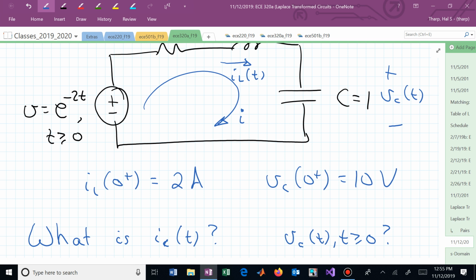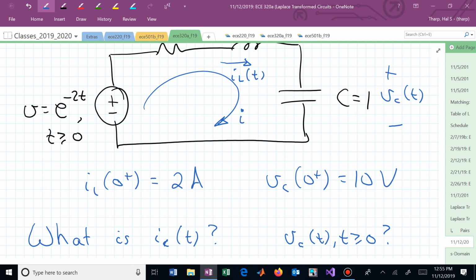Referring to the final exam, that's a big no-no. So don't have i of t's and V of s's floating around in the same equation. You either need to be in the time domain or the frequency domain. Either be in the kitchen or the living room. You need to figure out where you're working in order to solve the problem.